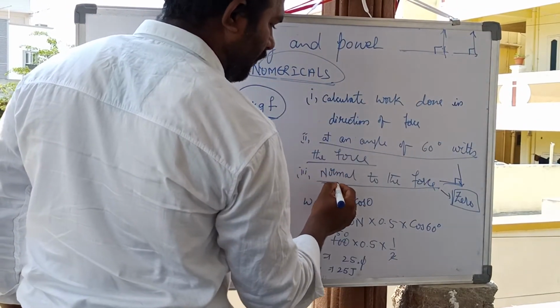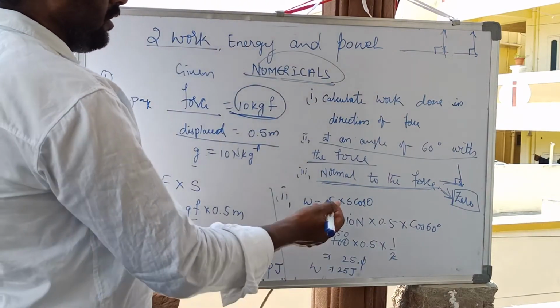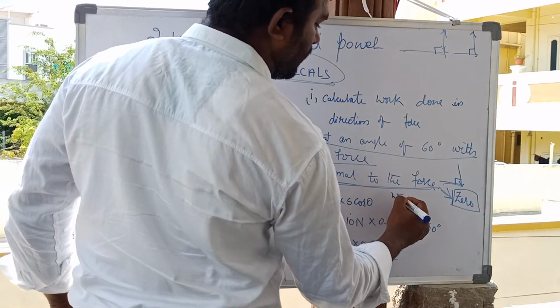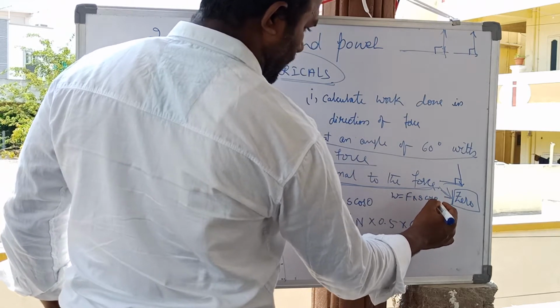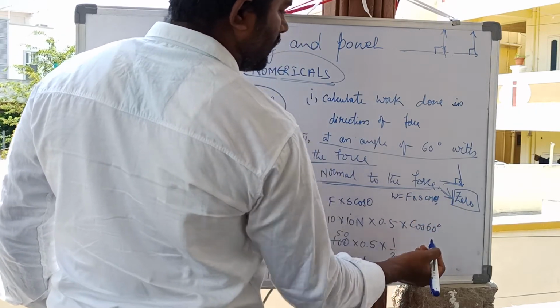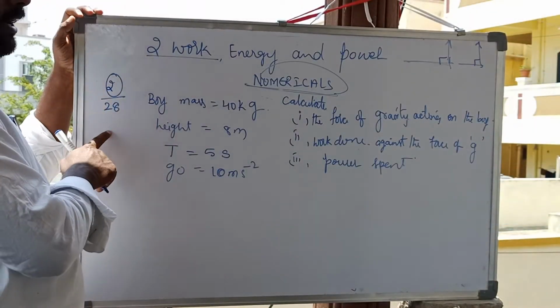Therefore, normal to the force, work is always 0. If you want to explain, you can take W equal to F S cos theta, cos 90 is equal to 0, so the total work will become 0.